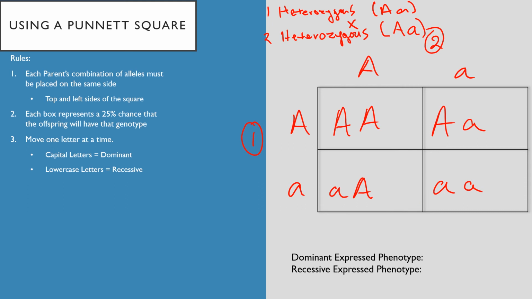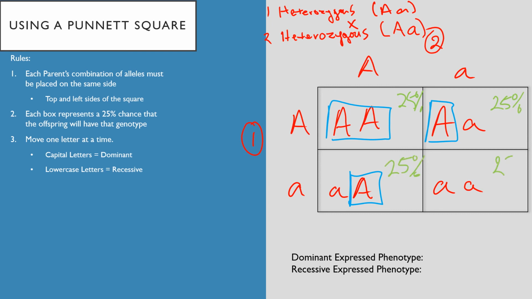Looking at the dominant traits, 1, 2, 3 of these boxes, which once again is 25%, or 1 in 4, have at least one dominant trait.